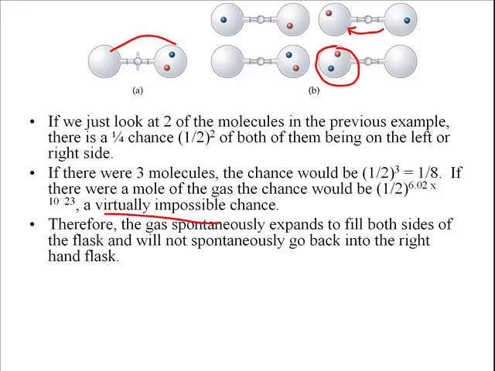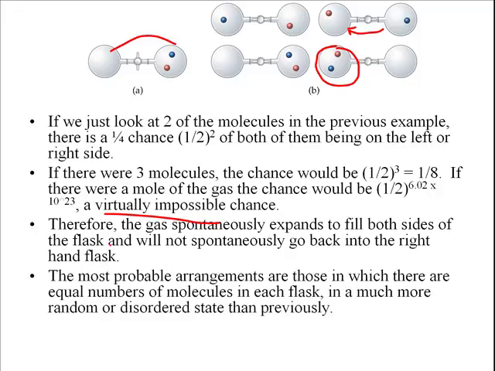So therefore the gas does spontaneously expand to fill both sides of the flask, and cannot spontaneously go back into the right hand. And the reason is because the most probable arrangements are those in which there's an equal number of molecules in each flask, in a much more, and this is the key, random or disordered state than previously.